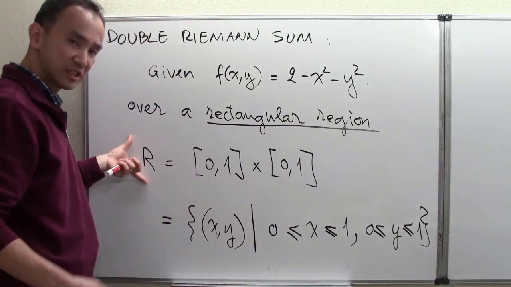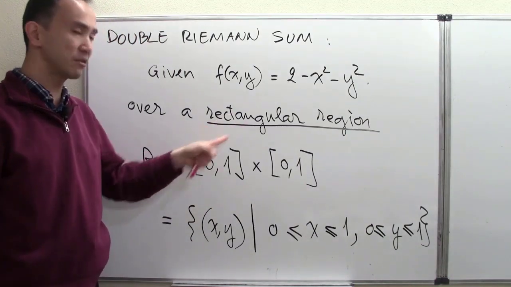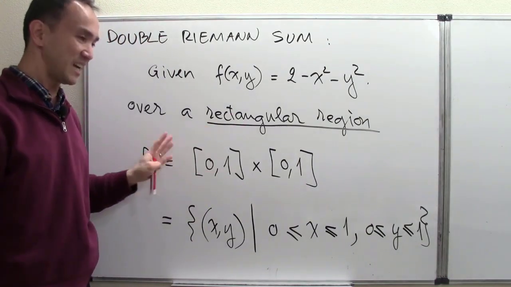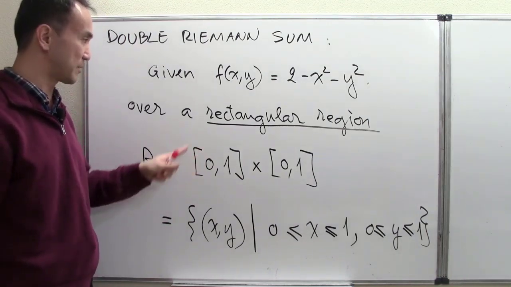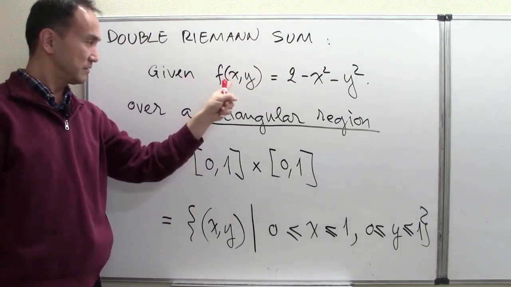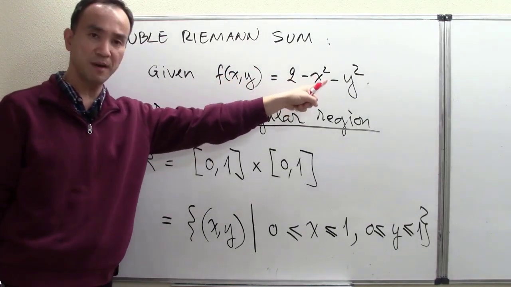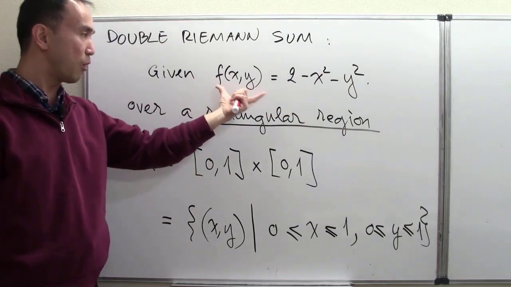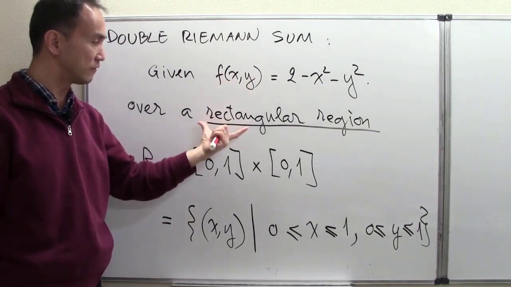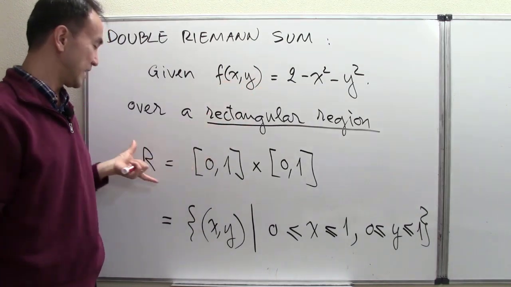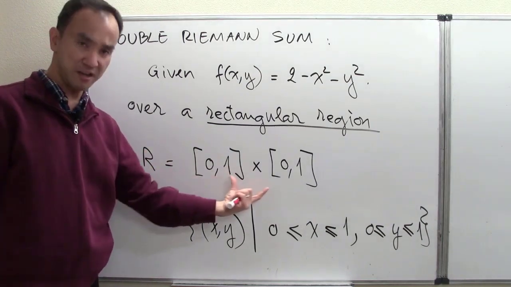Many textbooks use this short way of describing a rectangular region. And I haven't even gotten into what a double Riemann sum is yet. Right now I'm describing that we have a function of two variables, f of x comma y equals 2 minus x squared minus y squared, and we're only going to study this function over a rectangular region, which I name capital R. This is how we write it more commonly.